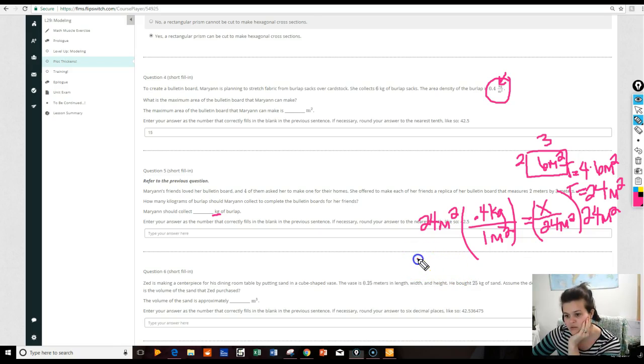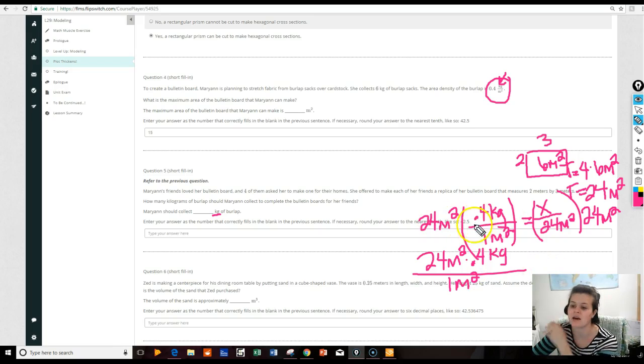And so we have 24 meters squared times 0.4 kilograms divided by 1 meter squared. Since you multiply numerator to numerator and denominator to denominator, this does have a denominator.